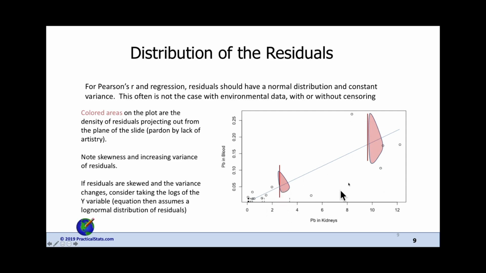You can see that just with the circles, that these four values out here are much more scattered than the data are down at the low end. So with skewness and increasing variance, that would prompt you, hopefully, to take a transformation of the Y variable, something like a square root, a cube root, a logarithm, that sort of thing.